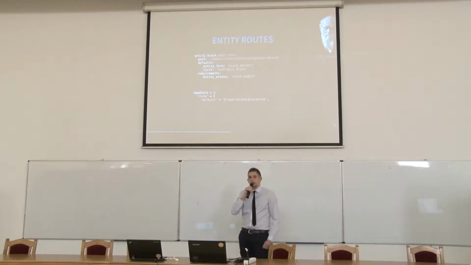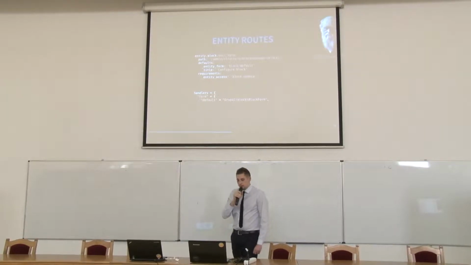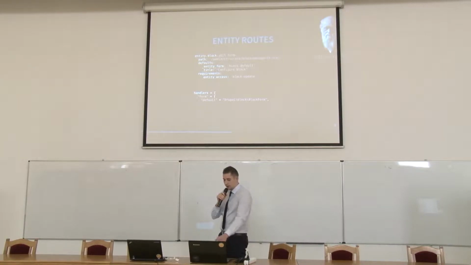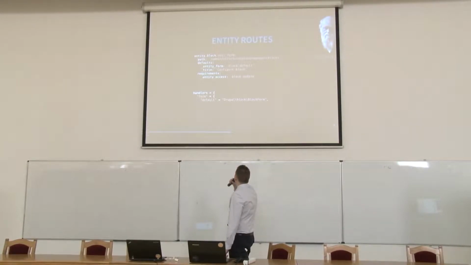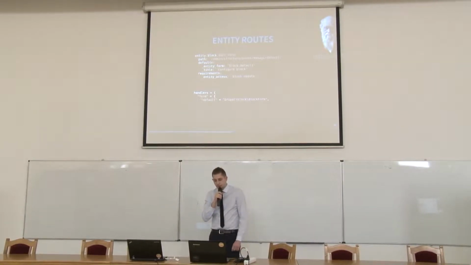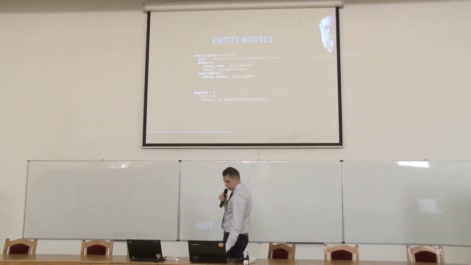We really should use that instead of controller or form because it is specifically for entities, and we have here the block default that will go to the block entity, an entity with the block ID, and we will check for the default handler. For example, we have here the default block form, so that will be the form that will take care of the edit form for the blocks.